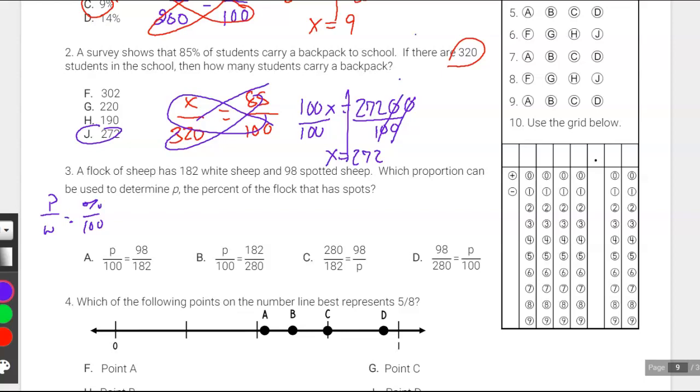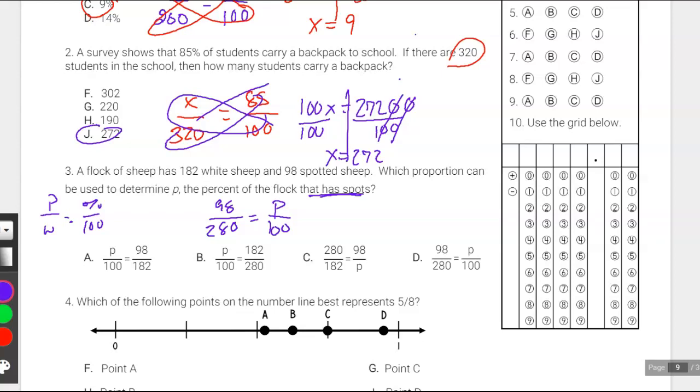My part is going to be my spotted sheep because that's what it tells me, 98. My whole is going to be, well, it's 182 white sheep and 98 spotted sheep, so we have to add those together. And we get 280 when we add those together. We're going to put the variable, which is the unknown percent, over 100.